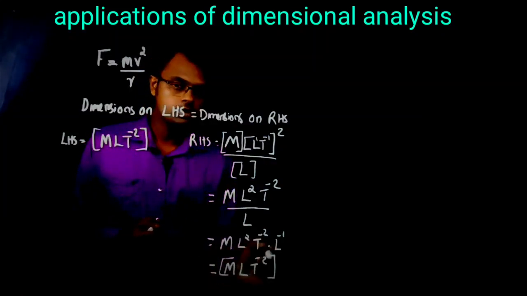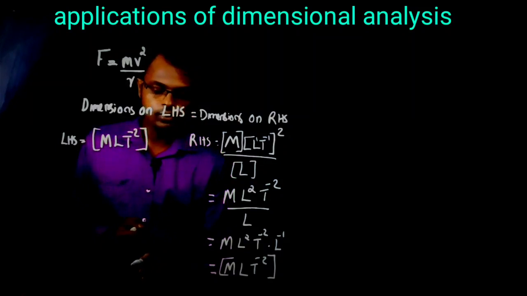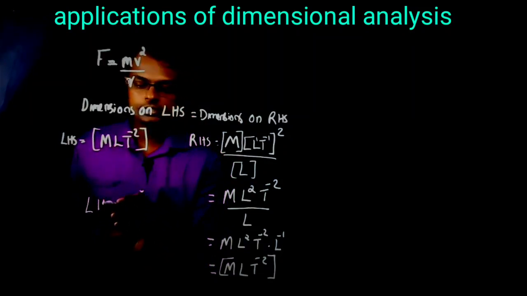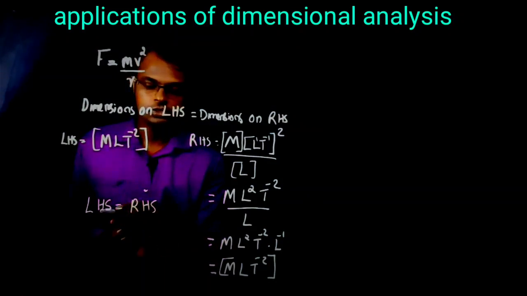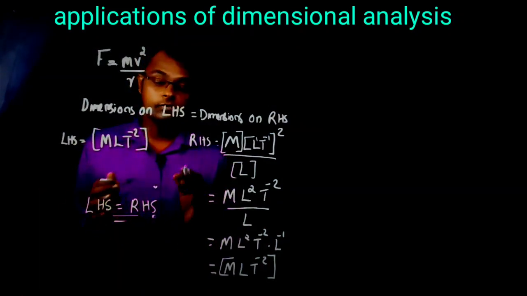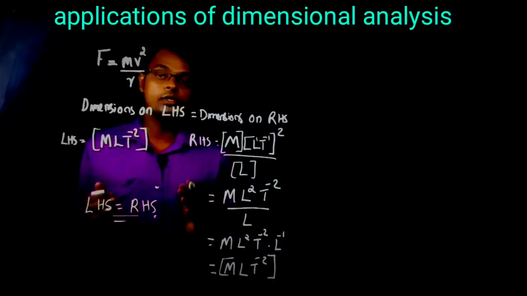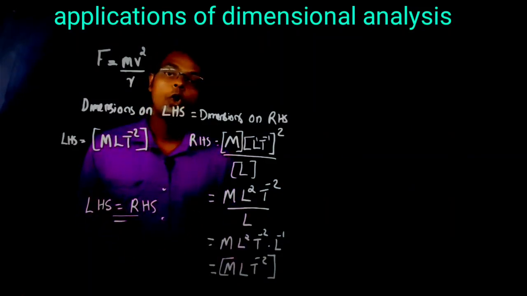RHS is also M L T to the power minus 2. So we have proved LHS is equal to RHS. So we can say the given equation is dimensionally correct, or we have proved the principle of homogeneity. I hope it is clear.